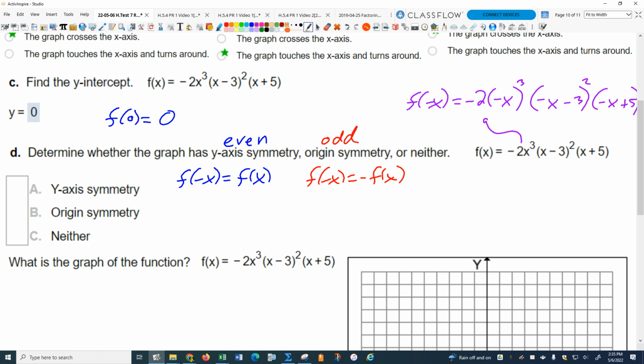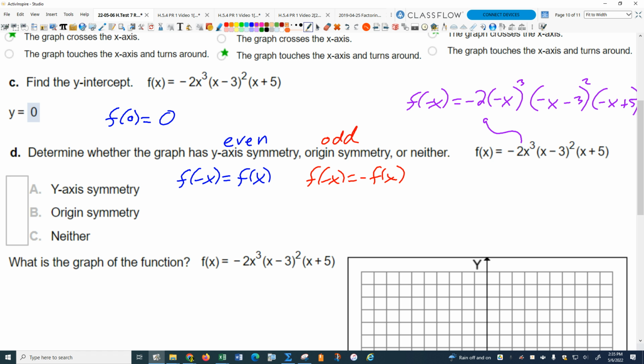Okay, so suggestions how we could tell. What could I do here? This is a little bit trickier because the surefire way to do this would be to write it as a polynomial, wouldn't it? I could expand this whole thing out, and then even and odd symmetry, remember where that comes from.